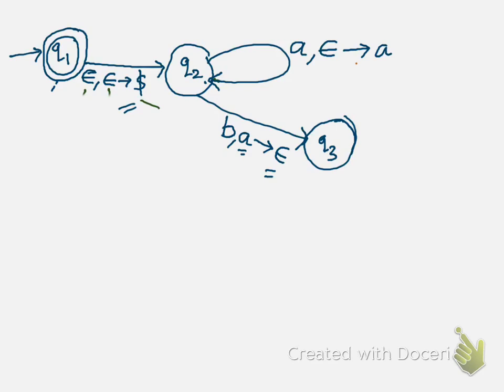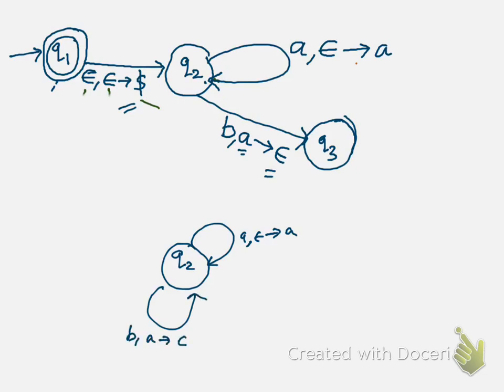Now, why haven't I put it as a loop on Q2, and why have we made a separate state for this at Q3? So again you should see what will happen if I put it as a loop on Q2. This means that whenever you see an A, you are just going to push it and remain on the same state.